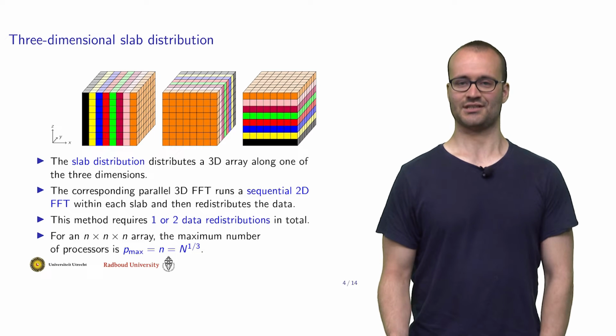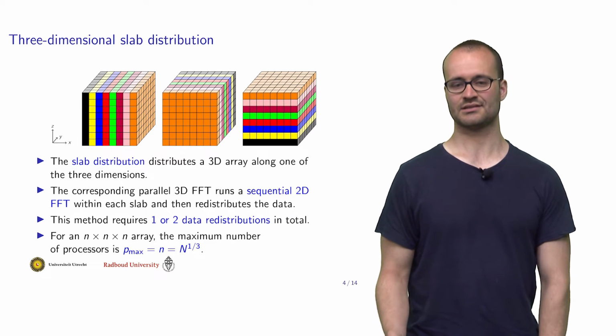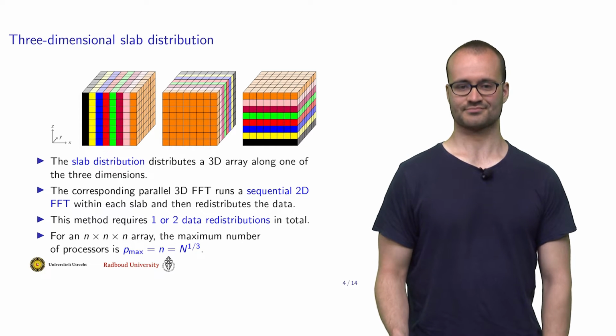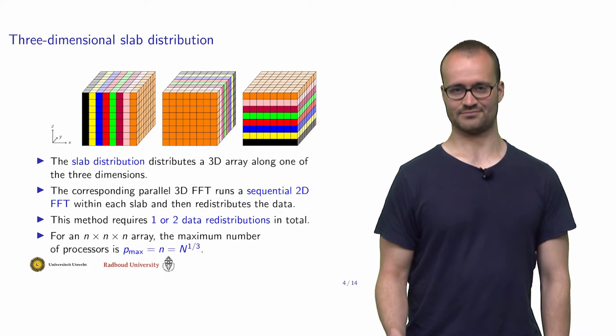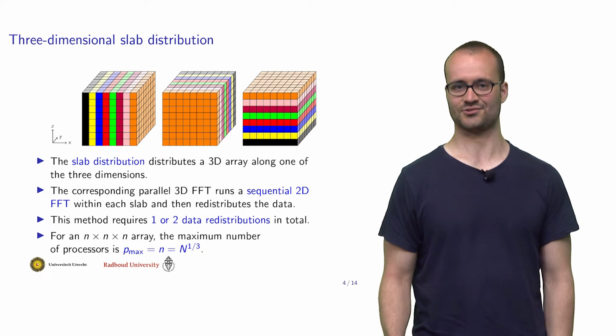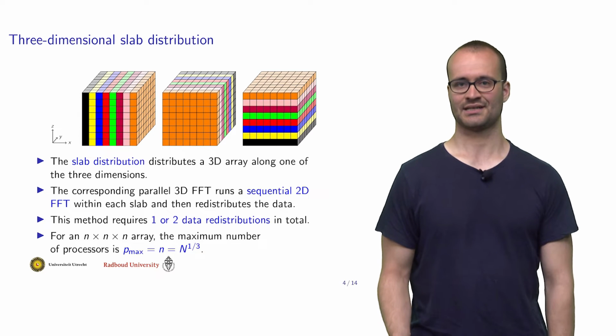That means we need one redistribution to either the second or the third one to make the FFT in the x direction local. If we want to end in the same distribution that we started, for example, if we want to do another FFT, we need one more redistribution to get back.